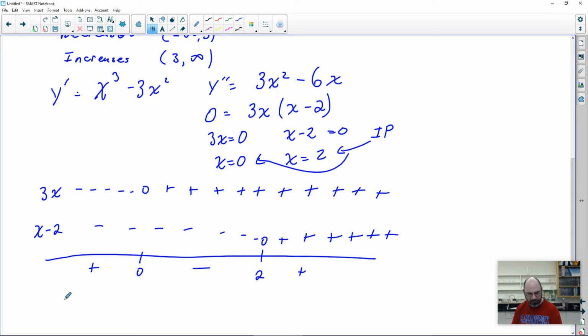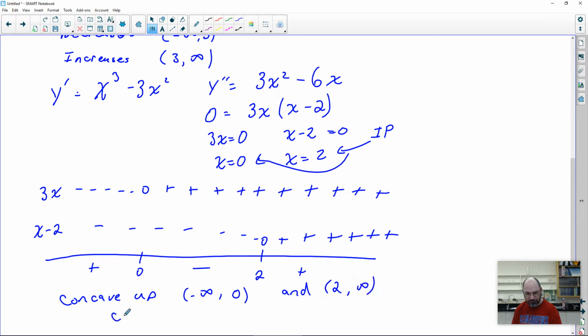So it's concave up from negative infinity to 0 and 2 to positive infinity.